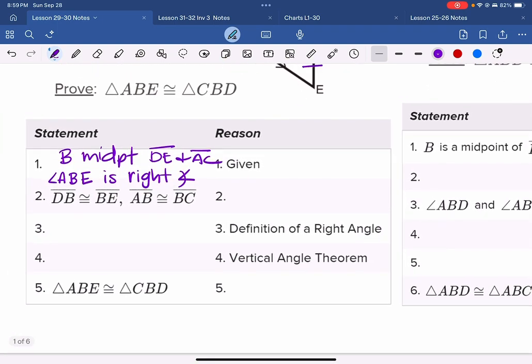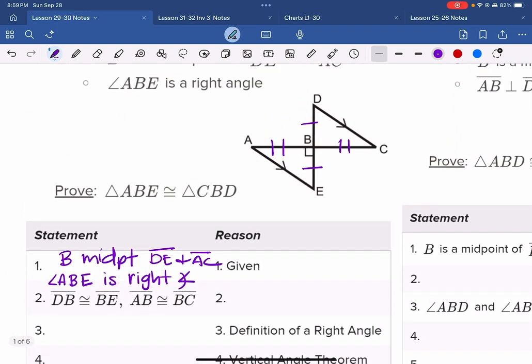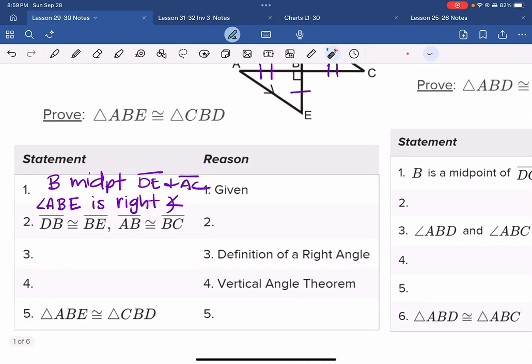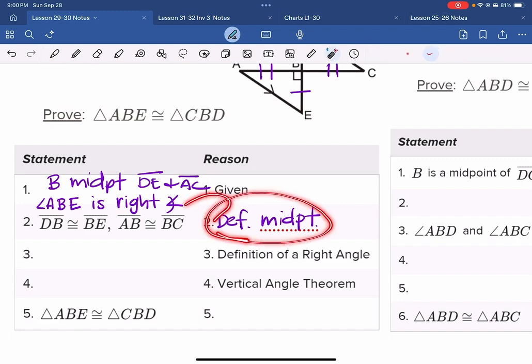Okay, number 2 says side DB is congruent to BE, and AB is congruent to BC. That's what this says right here. The reason we know that is because of the definition of midpoint. Midpoint means that it bisects it equally into 2 halves. So this is the reason that proves this line right here.